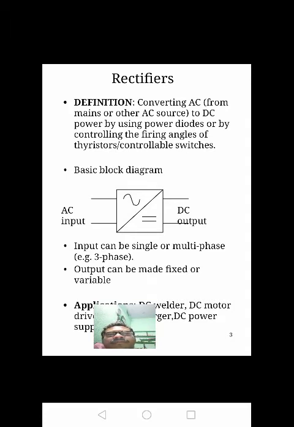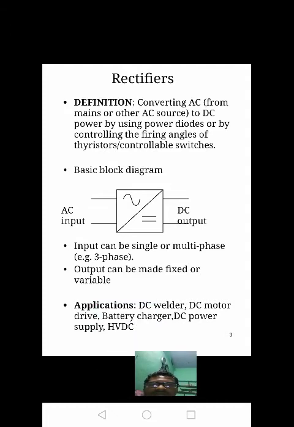The block diagram of a rectifier is AC input given, DC output. Input can be single phase or multi-phase, for example 3-phase. Output can be made fixed or variable. Applications: DC welder, DC motor drive, battery charger, DC power supply, HVDC.